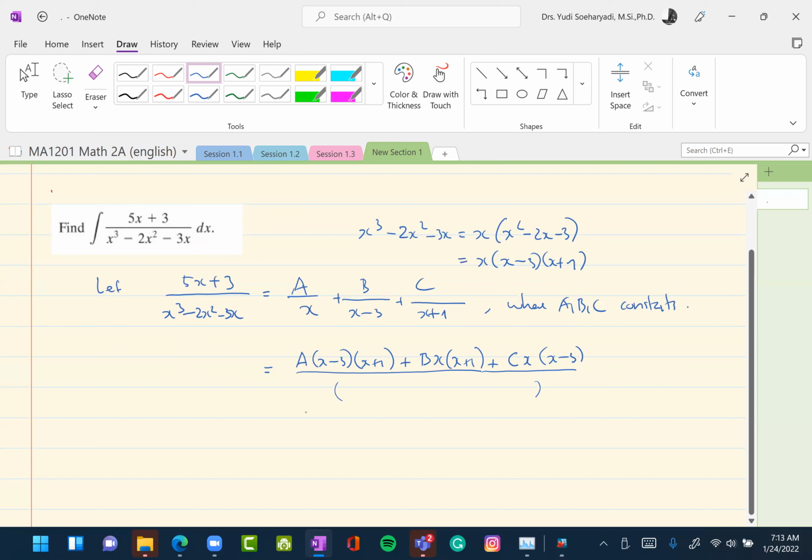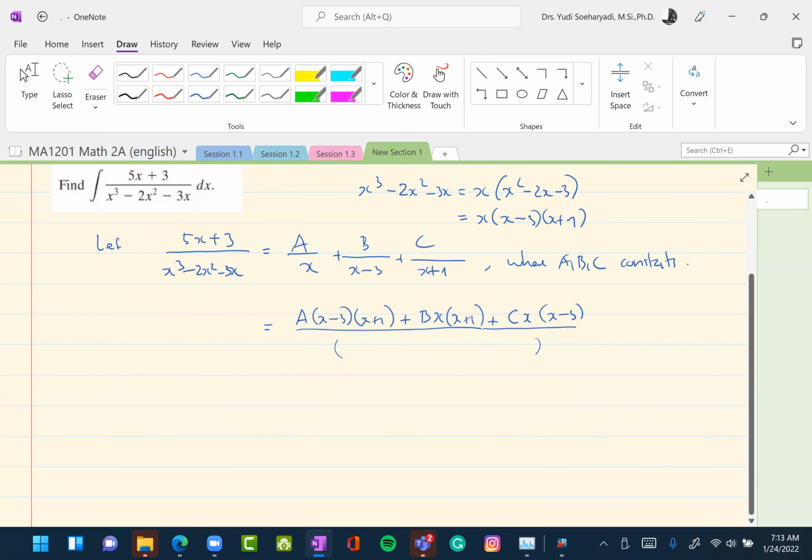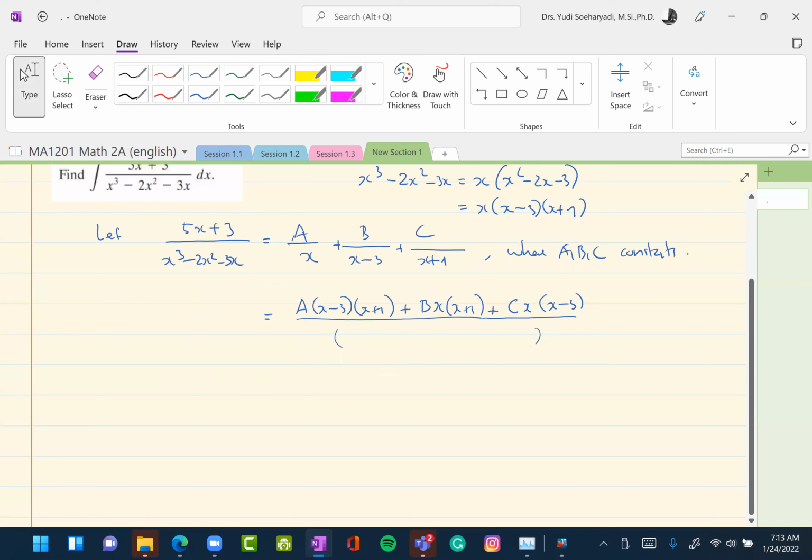At the end, if you multiply this out, you should get the numerator 5x minus 3. Let's try to find them, but here you have a square. When you have x squared, from the first term you have A, from the second term you have B, and from the third term you have C. And there's no x squared on the left-hand side, so that should be 0.